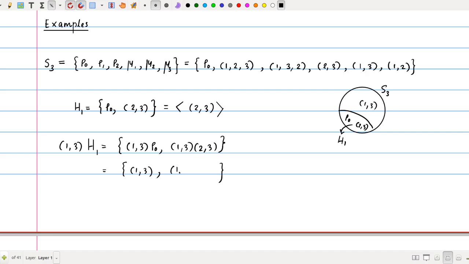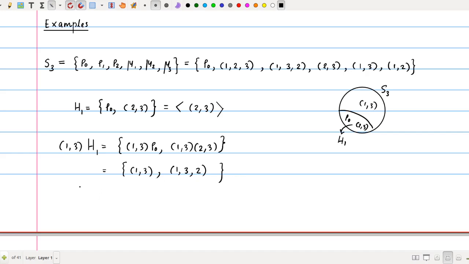The image of 3 is 2 in the second component, and 2 is fixed, so 3 is mapped to 2. Then 2 goes to 3 and 3 goes to 1, so 2 is mapped to 1. This completes the 3 cycle. So (1, 3)(2, 3) is nothing but (1, 3, 2). Therefore the coset of H1 containing (1, 3) is this one.